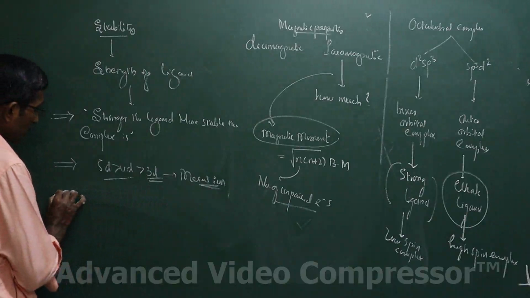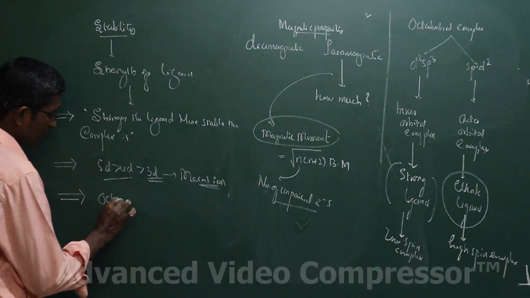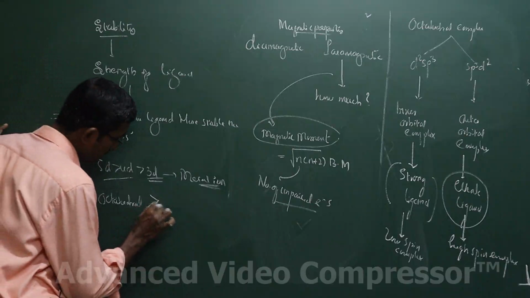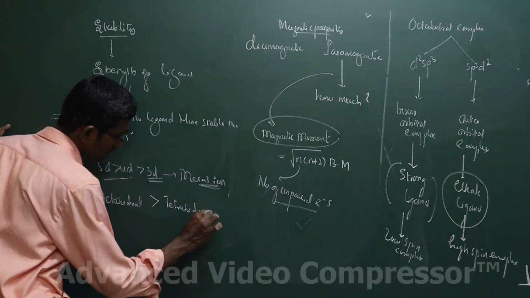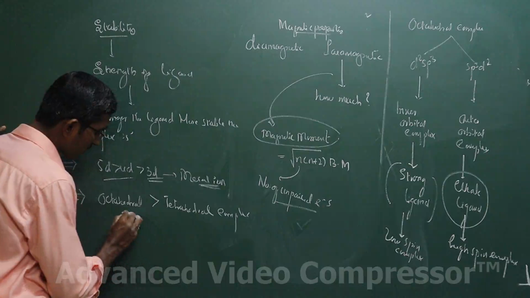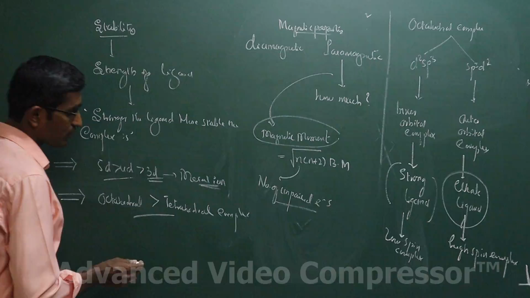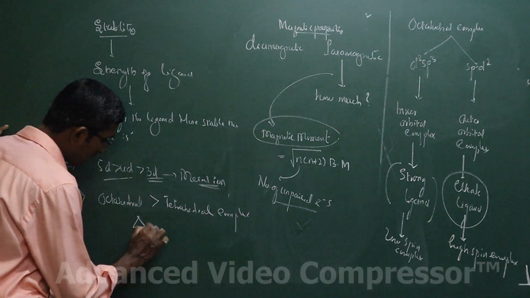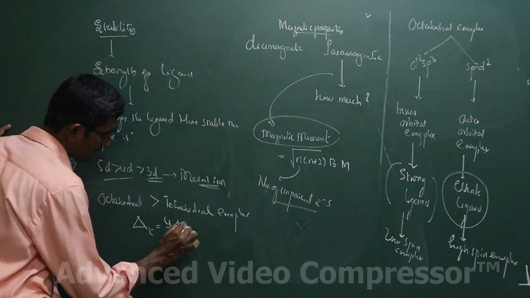Additionally, you can take one more point, that is octahedral complexes are more stable compared to the tetrahedral complexes. Or in this itself, I will put a point, students, just to demonstrate, that there is a mathematical relation, delta T is equal to 4 by 9 delta naught.